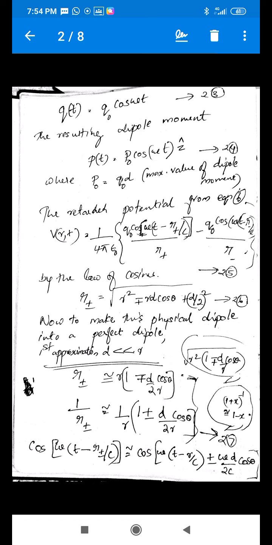Now we need to substitute for r plus and r minus, and we need to put in some approximations also. So let us take r plus or minus using the cosine law.